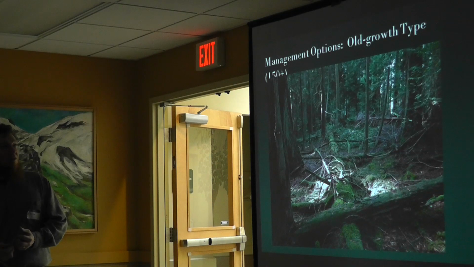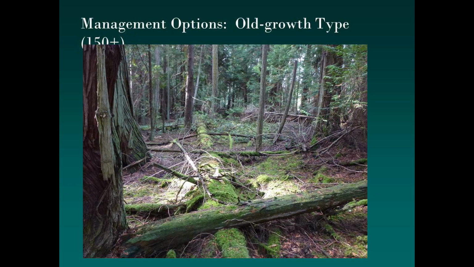I want to touch on the old growth type. I'm not really talking about the classic old growth forest, but characteristics of an old growth forest, or forests that begin to get an exceptional amount of complexity, standing dead and dead material on the ground, larger trees.